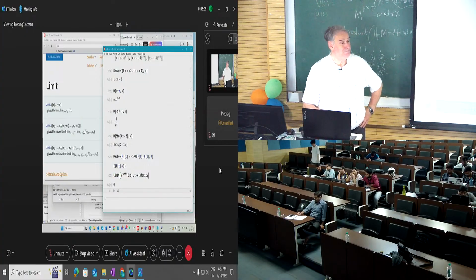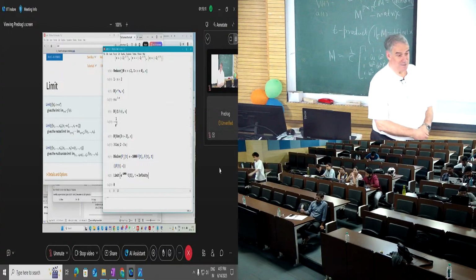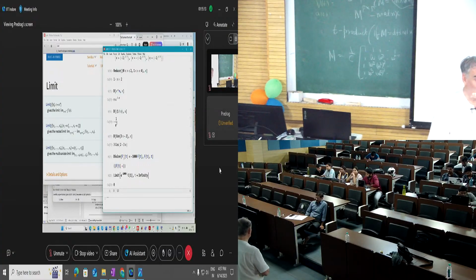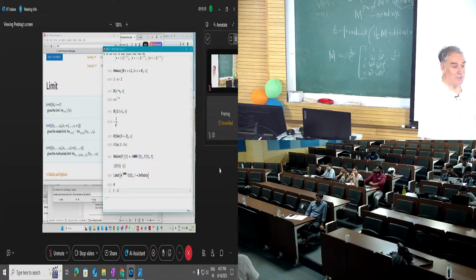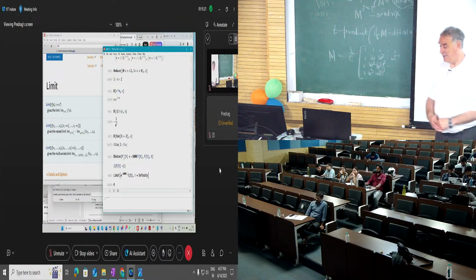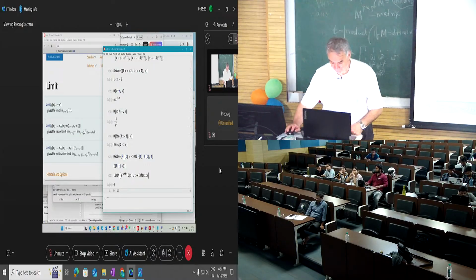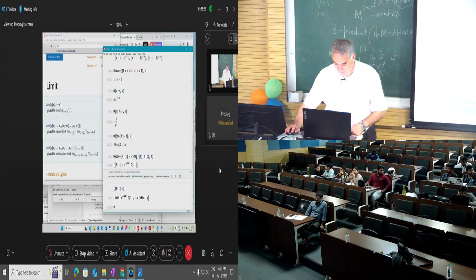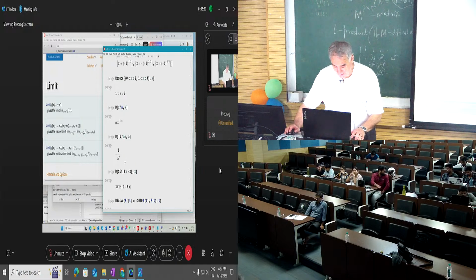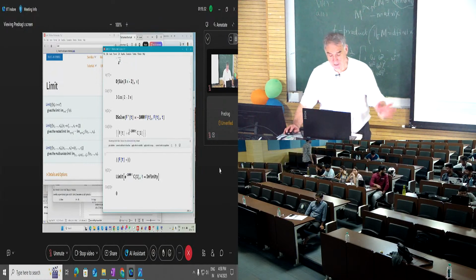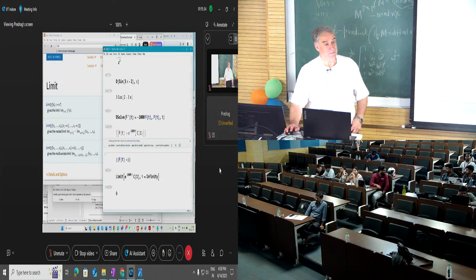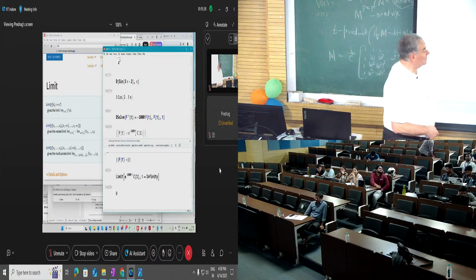It is 0, as we expected, because ZNN is aimed to find the zero of the error function. Finally, this term e power minus 1000 t forces f of t to 0.